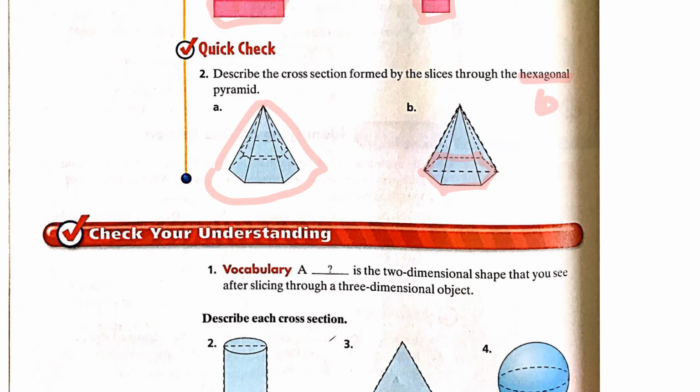Hexagon means it has 6 sides. The cross section right now is going horizontal. So that shape inside here, what shape is that? That is going to be a hexagon.